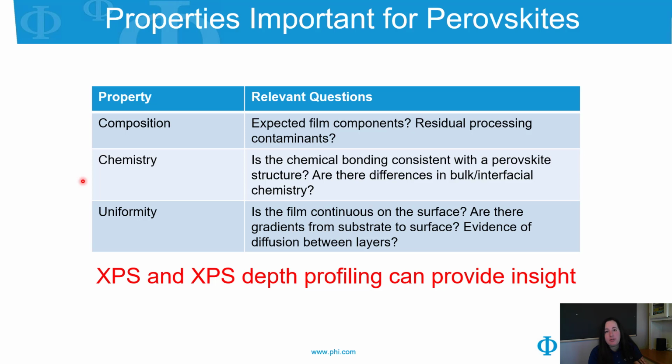Are there any differences in the bulk versus interfaces? And uniformity, like is a film continuous on the surface, or are there gradients from the substrate to the surface, or any evidence of diffusion between the layers? So XPS and XPS depth profiling can help to provide some insight into these properties.